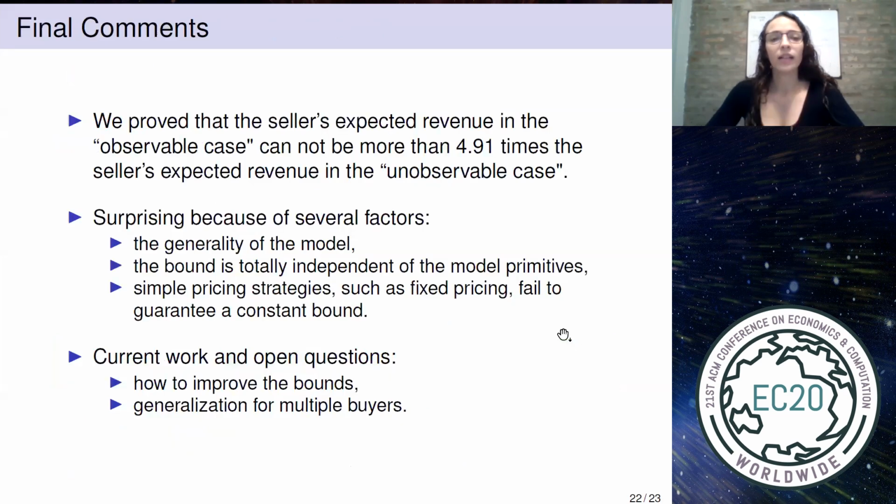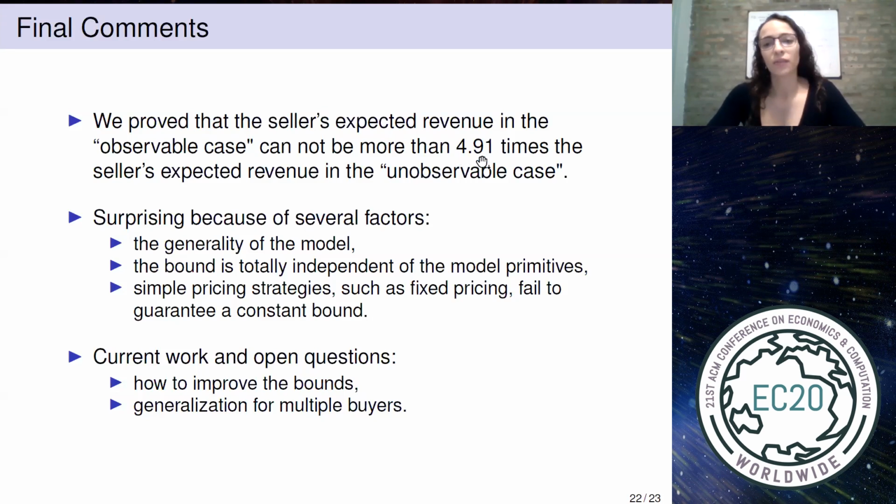Okay, so some final comments. Our main result is that the seller's expected revenue in the observable case cannot be more than 4.91 times the seller's expected revenue in the unobservable case. And this result is interesting and surprising because of several factors. First, note that this result holds for a very general model.